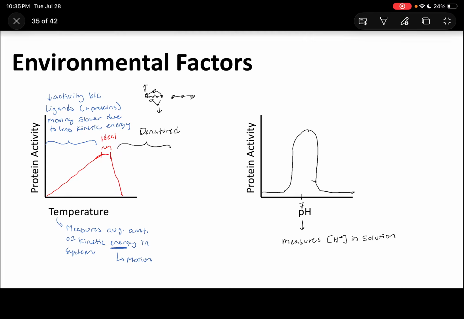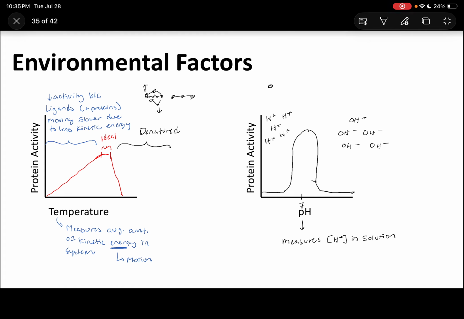The reason why has to do with the abundance of charged ions. So kind of imagine that at a low pH, you've got a ton of these positively charged hydrogens, and at a high pH, you've got a ton of negatively charged hydroxide ions. Well, here's the issue. These charges can interact with charges that are on the side chains of the protein.